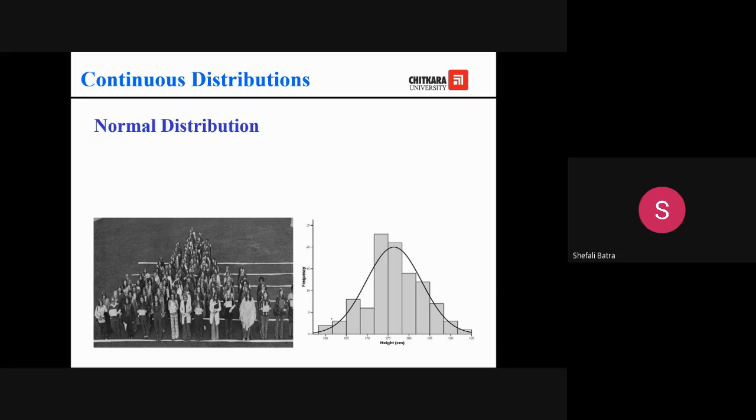So this is your normal curve. If I'm talking about the height, and height is starting from not exactly 0, some value and up to going 195, right? So this is your interval. X is taking the value within this interval. When X is taking value in an interval, then you say that random variable is a continuous random variable, right?